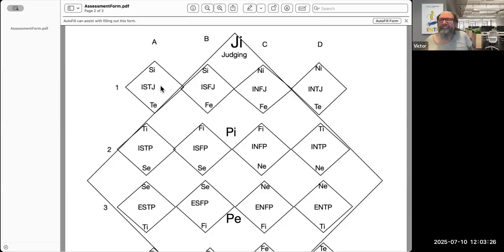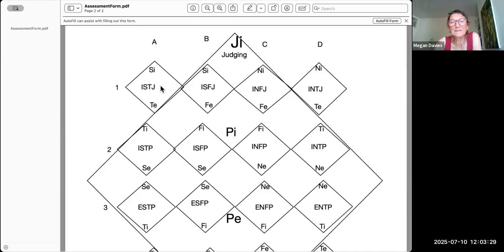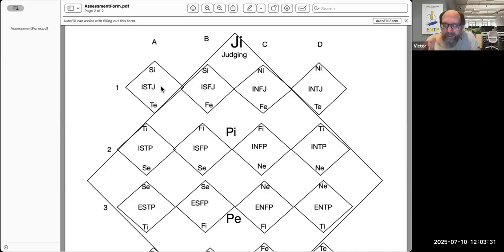Why doesn't it always come second? Well, how illogical is that? I know, it doesn't make much sense. It has to do with what J is doing. There are two variables going on. J is pointing to what's extroverted, and then the I or E is pointing to what's the dominant.